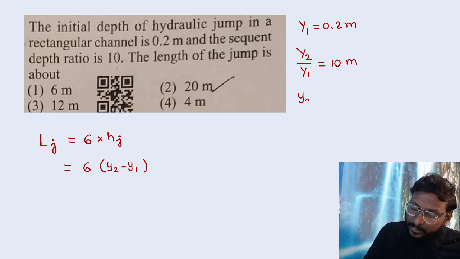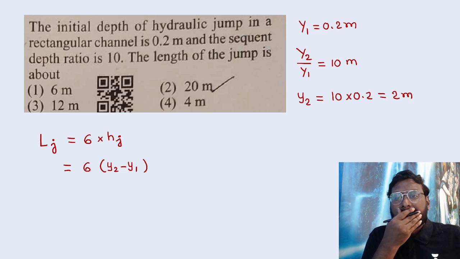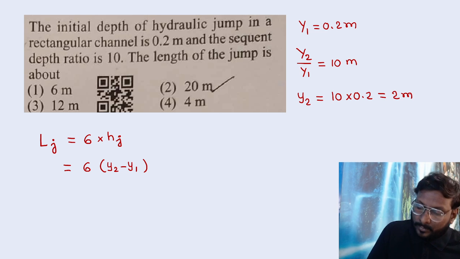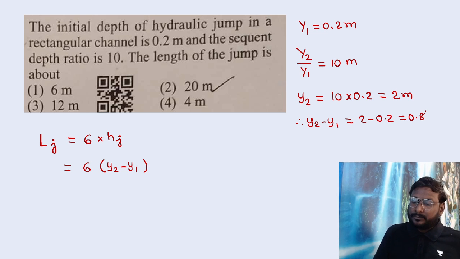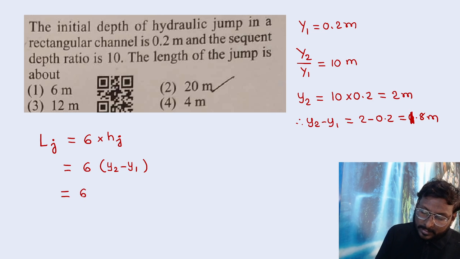So what is Y2? Y2 is equal to 10 into 0.2, so it is 2 meter. Now Y2 minus Y1, 2 minus 0.2, sorry, 1.8 meter. 6 into 1.8 meter.